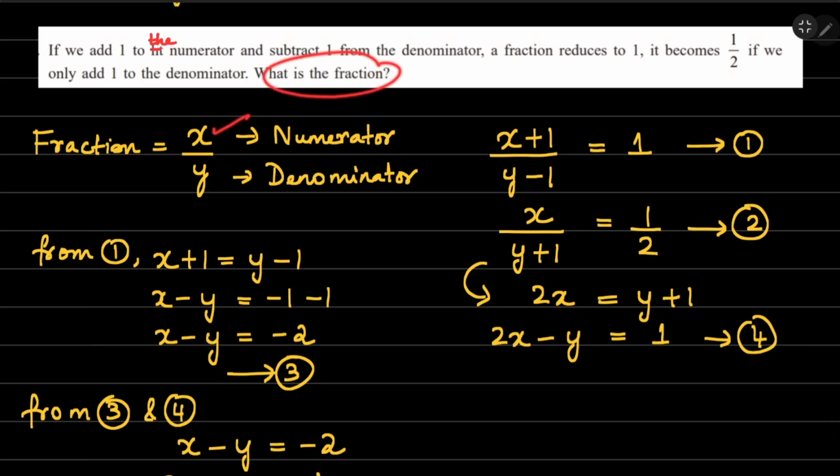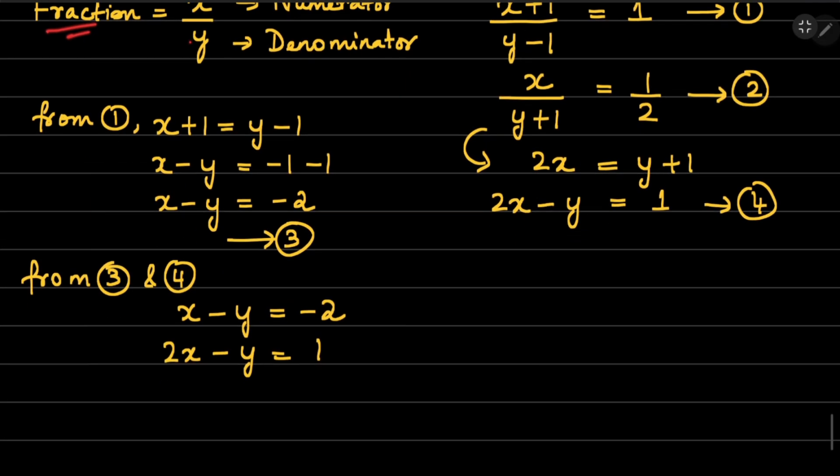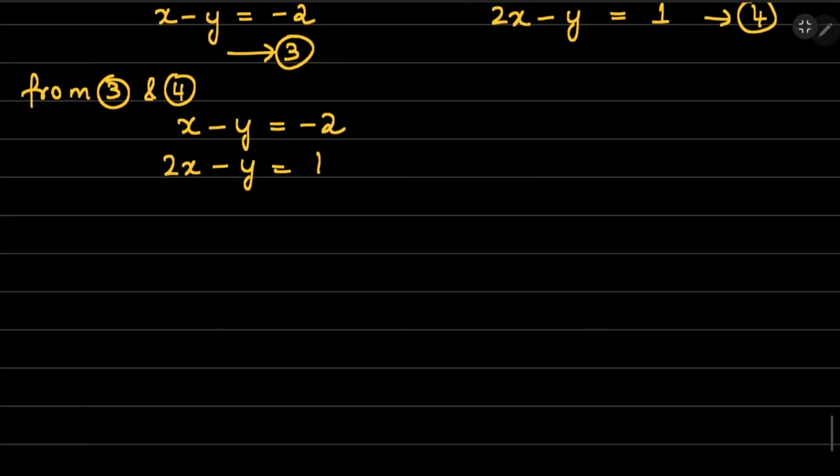If you get x and y, you can write it in the form of x by y, which is your fraction. Now let us solve this. You have to subtract the two equations. Whenever you are subtracting, you will change the sign. So minus y plus y will get cancelled. What is minus 2x plus x? It's just minus x, equal to minus 2 minus 1 is minus 3.